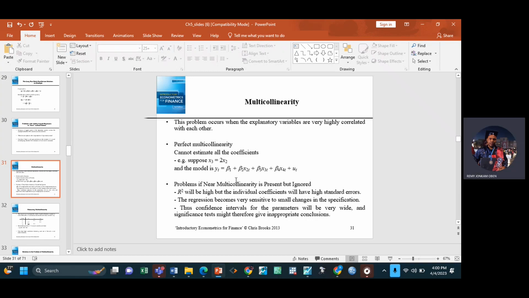If your tolerance factor is close to 0, it means multicollinearity. If your VIF is really high, it means multicollinearity, right? So we want the tolerance factor to be high, not close to 0, and we want VIF not to be high. So we can check these kinds of things.